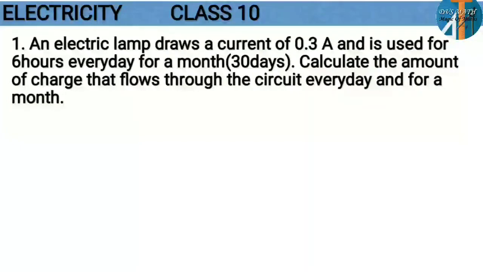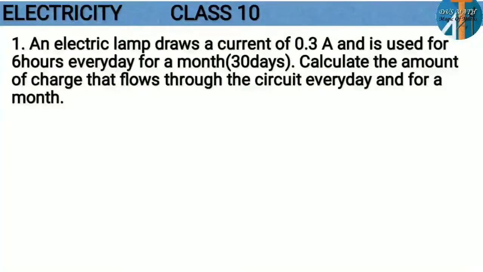Here they have given the I value, that is the current value, 0.3 ampere. And it is used 6 hours every day. The time is 6 hours, but it is in hours, so we have to convert it into seconds. So 6 into 60 into 60 we have to take to convert into seconds.